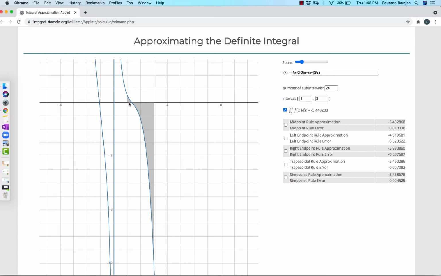Remember that the little area above the x-axis is considered to be positive, so that little area right there is positive. And then the area below the x-axis is considered to be negative. So clearly there's going to be a lot more negative, and that makes sense that our answer is a negative number. And then the computer right here automatically calculates it for us, and it is consistent with the answer that we just got. So this is negative 5.44.